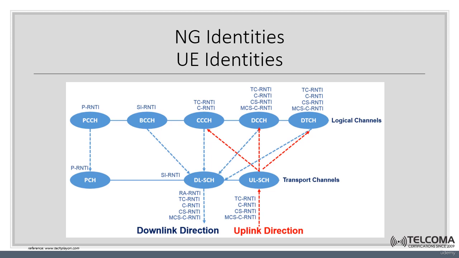And as we mentioned before, many of the RNTI identifiers are similar to LTE, but we have introduced some new RNTIs just to support the new use cases defined for the new radio of 5G.